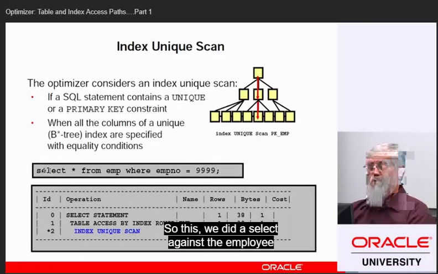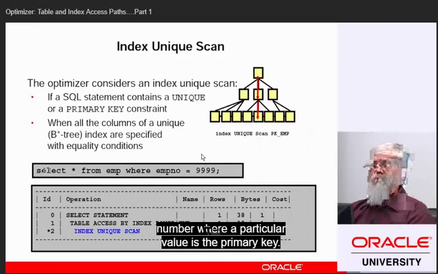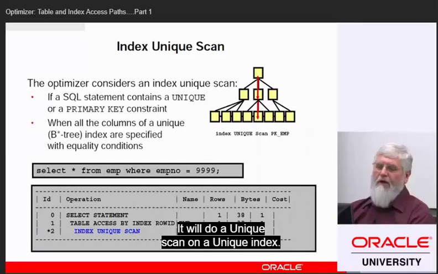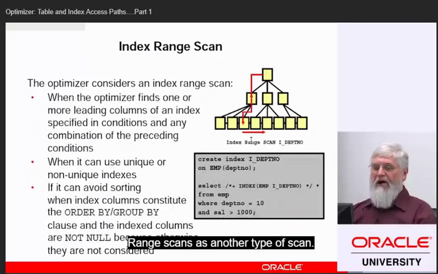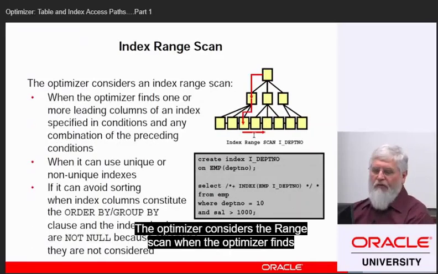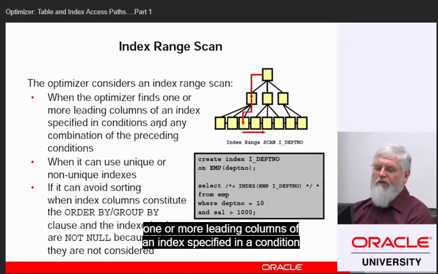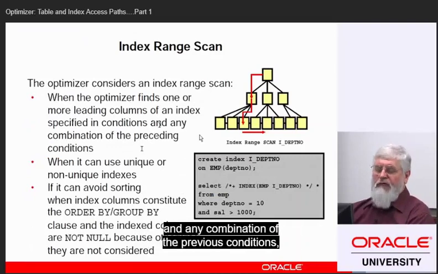Okay, range scans are another type of scan. The optimizer considers a range scan when it finds one or more leading columns of an index specified in a condition, and any combination of the previous conditions, or these. It can use a unique or a non-unique index.